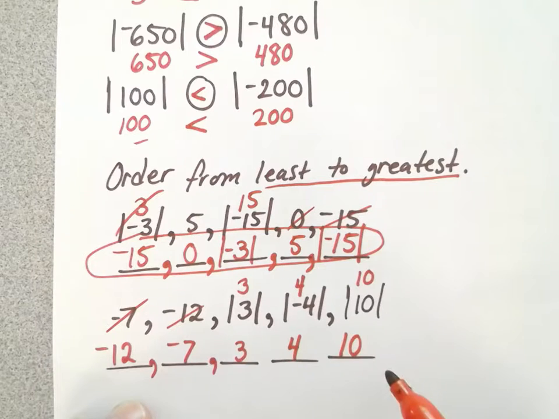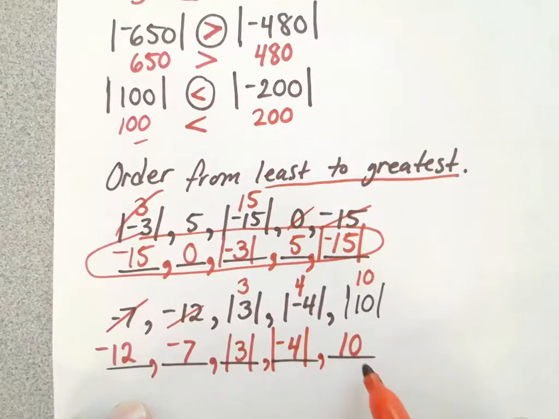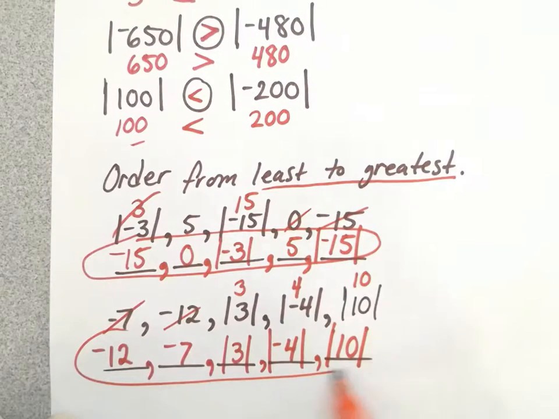We're just taking the set I was given and making a list. So this 3 really came from the absolute value of 3. This 4 really came from the absolute value of -4. And this 10 really was the absolute value, or the distance from 0 on the number line to get to 10. This would be my final answer.